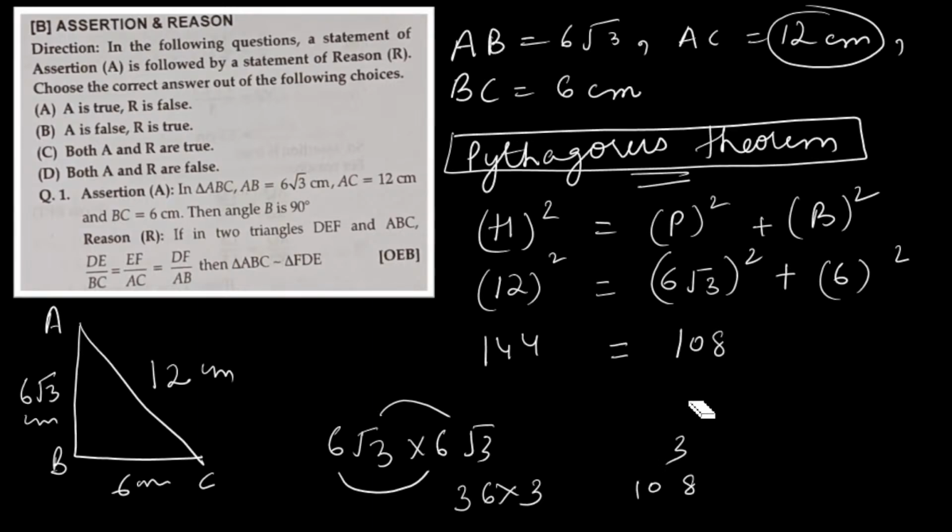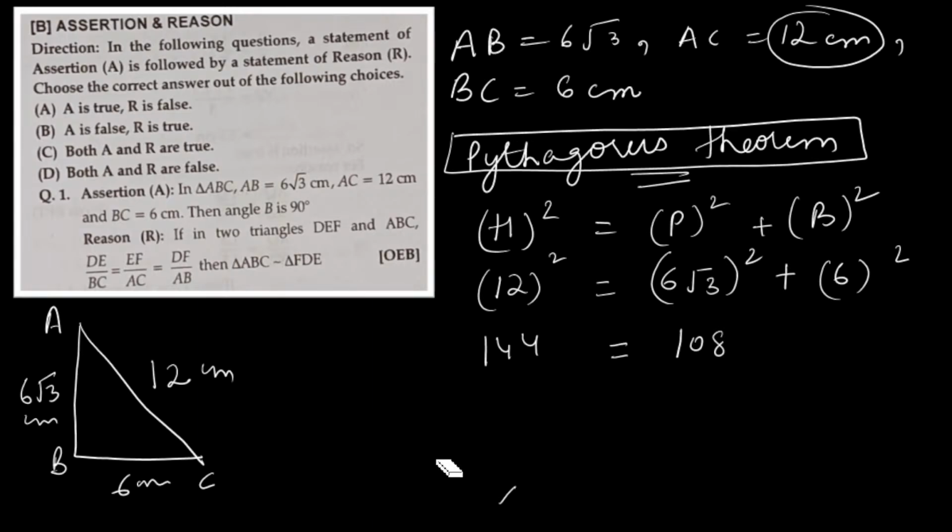And then 6 square is 36. So 108 plus 36 is 144.